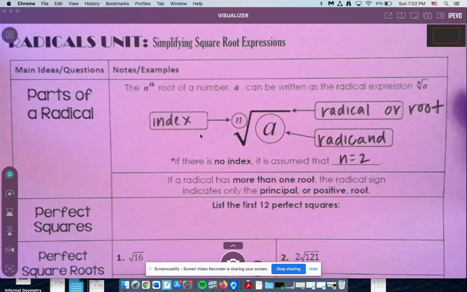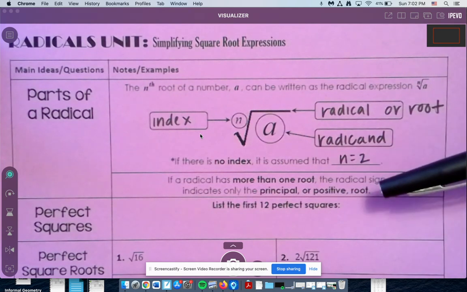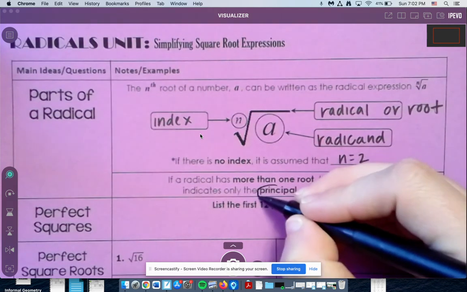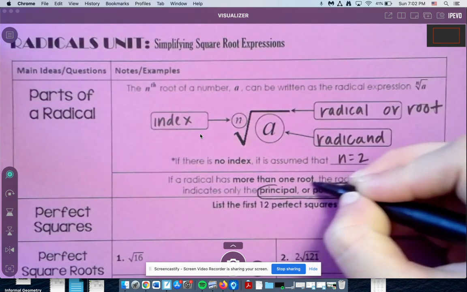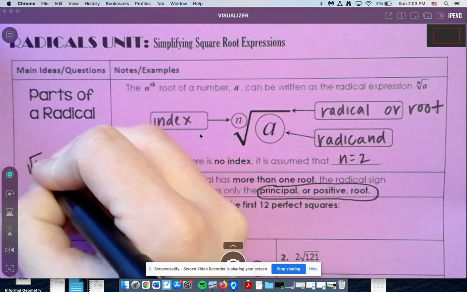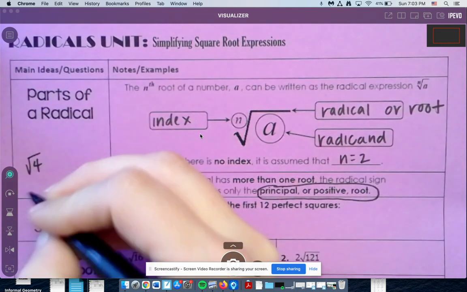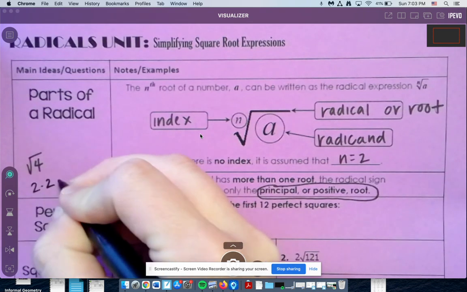Okay. If a radical has more than one root, the radical sign indicates only the principal or positive root. We circle that. So what does that mean? Well, if we took the square root of 4, that means what number times itself is 4? Well, we know that's 2 times 2. That equals 4.